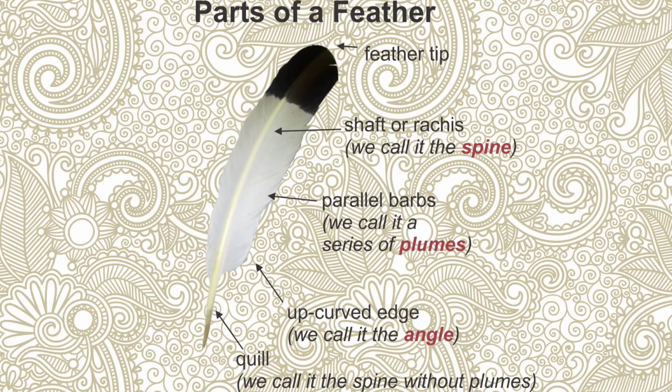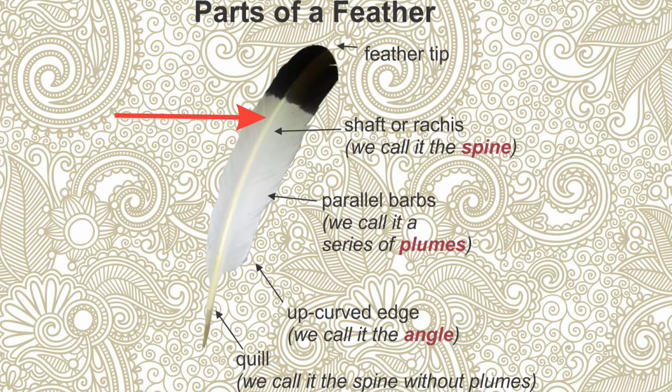Traveling up a little further, you'll see where it's marked parallel barbs. We call these plumes, and that's the individual segments that make up the feather. Just as in nature, these plumes, or barbs, have to have a place to call home, and that is called the shaft.